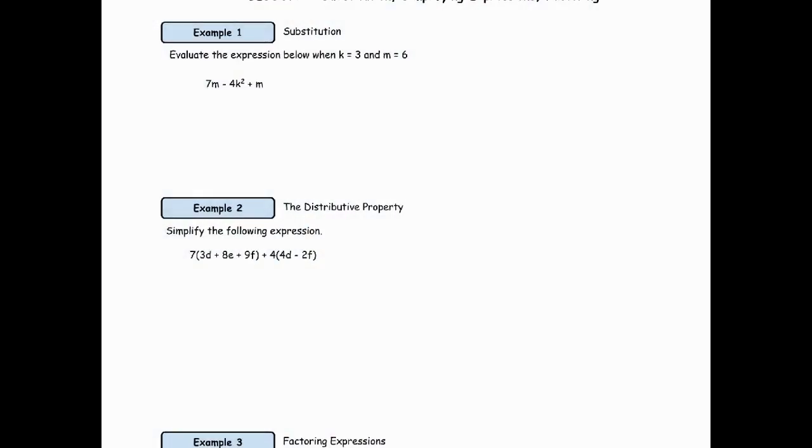Example number 2 has us using the distributive property to simplify the following expression. So it looks like we have 7 times the quantity 3d plus 8e plus 9f plus 4 times the quantity 4d minus 2f. Keep in mind and always keep aware that we have a subtraction sign in this set of parentheses. So the distributive property says that if we have a number on the outside of a set of parentheses, we can multiply that number to each and every term on the inside of our parentheses.